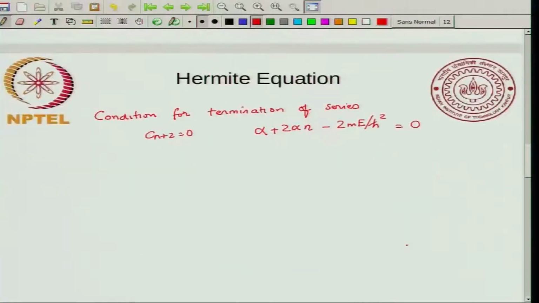So if I rearrange this, what I will get is that 2mE/h bar squared is basically alpha times (alpha + 2n).